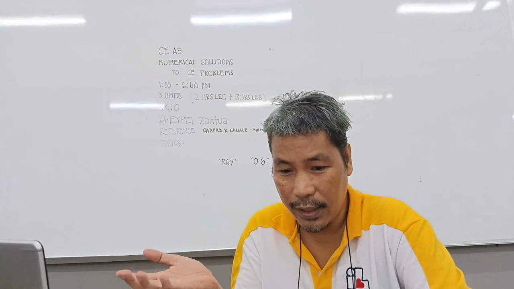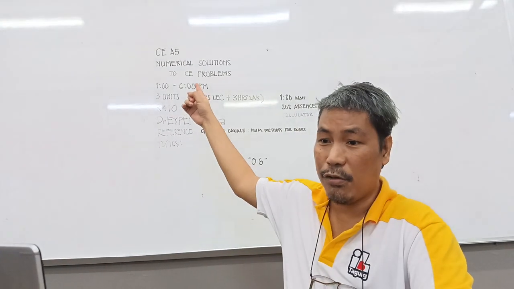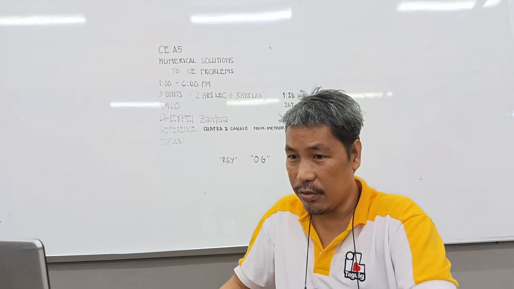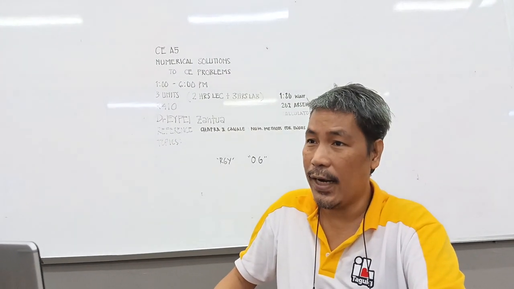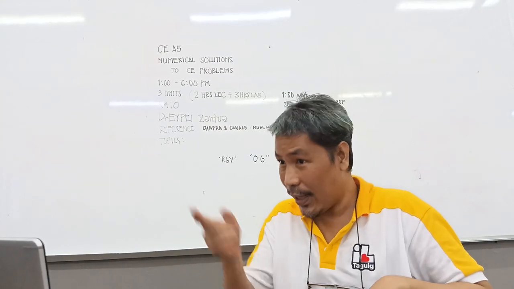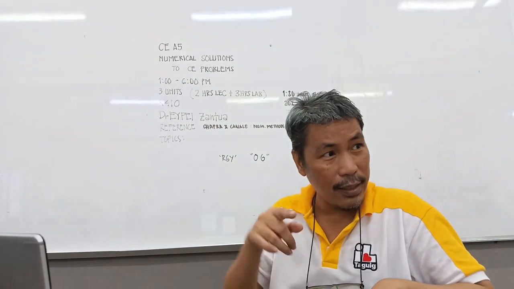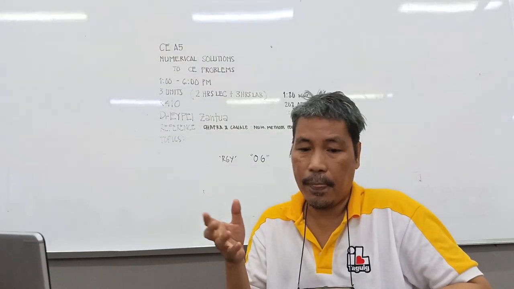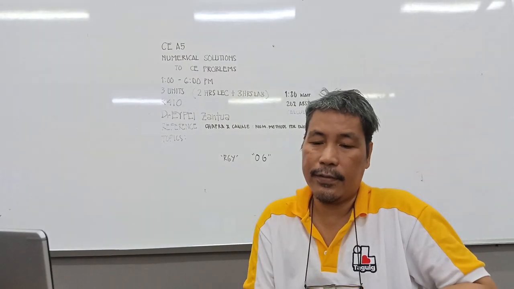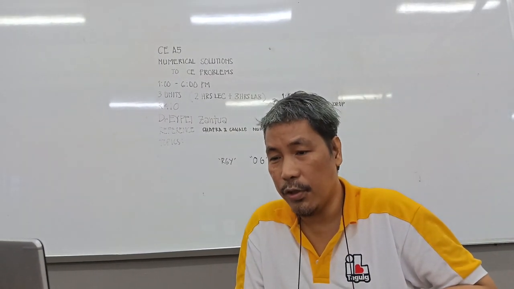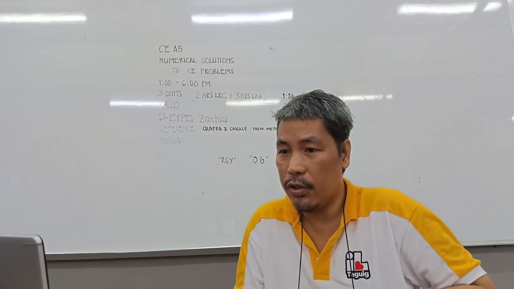So after learning how to take the derivative by using numerical solution, we will use a method that will be able for us to take the integration. So integration without doing the real scientific and analytical means, no? We will do it in a simple numerical way.